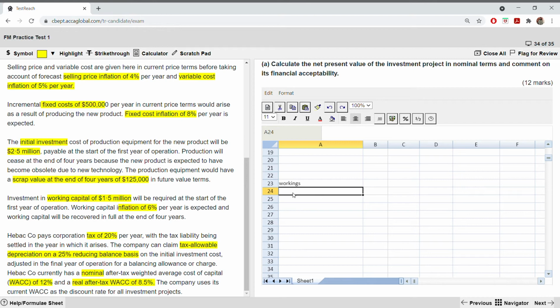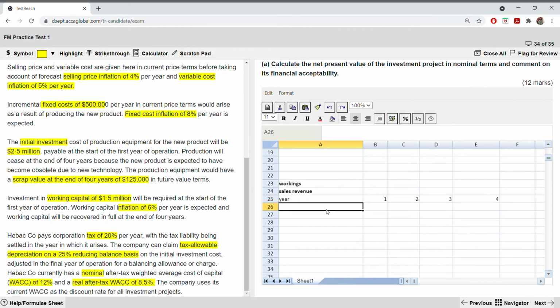It's much easier also if you're doing it. And you have to name your working. Which working is it? First working is for sales revenue. Year, so the 4 years.